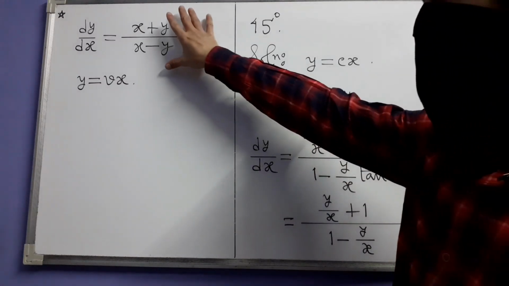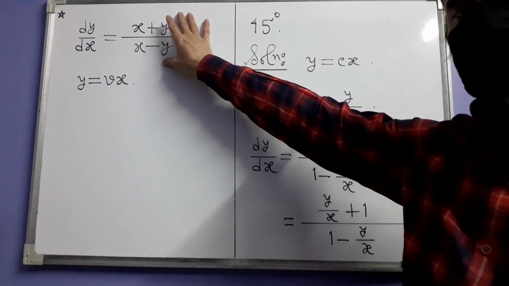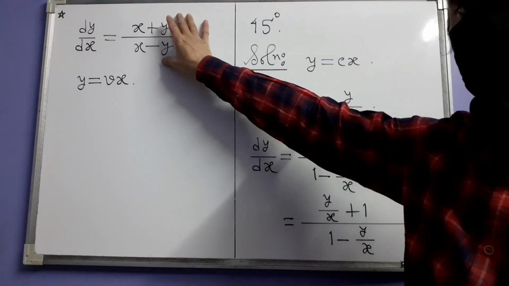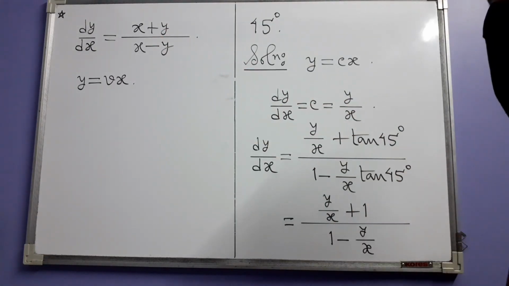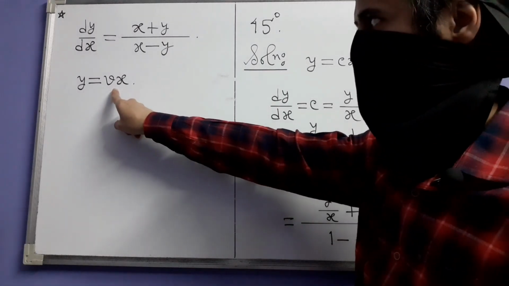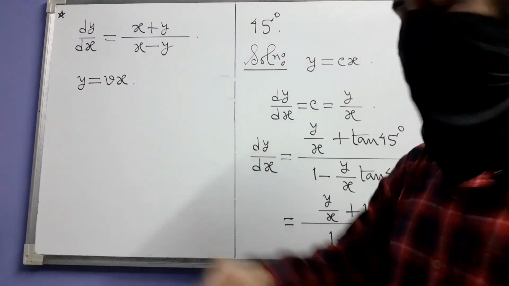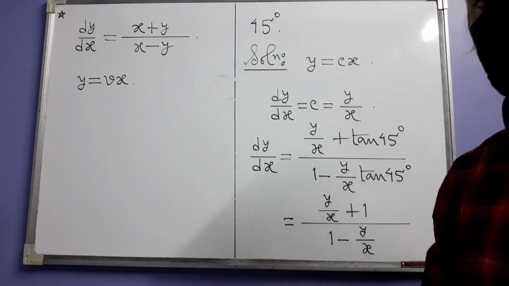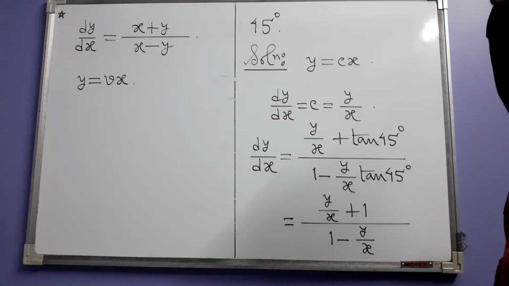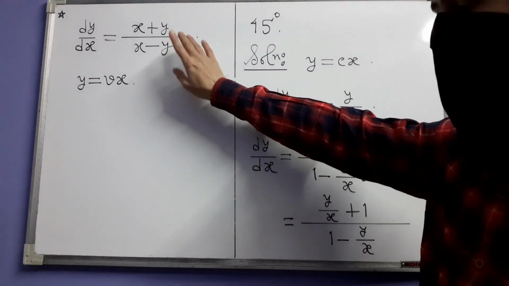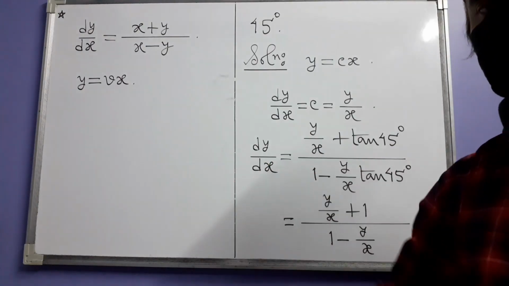And from the look of this differential equation, you immediately see that it's a homogeneous equation. Actually, from here itself you see that it's homogeneous. So next you use this transformation, y equal to vx, where v is your new variable in place of y and x will remain, to turn this homogeneous equation into another equation which will be separable.